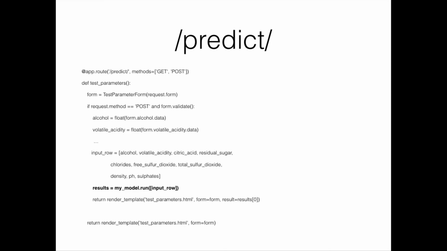I'm not showing all of the casting to floats of all the inputs, but we pass it in as a two-dimensional matrix to myModel and call myModel.run on the input row, and we get the results. We return the results to the user so they can see them in render template if it's a post request. Otherwise, if it's not a post request, we return the template without the results.